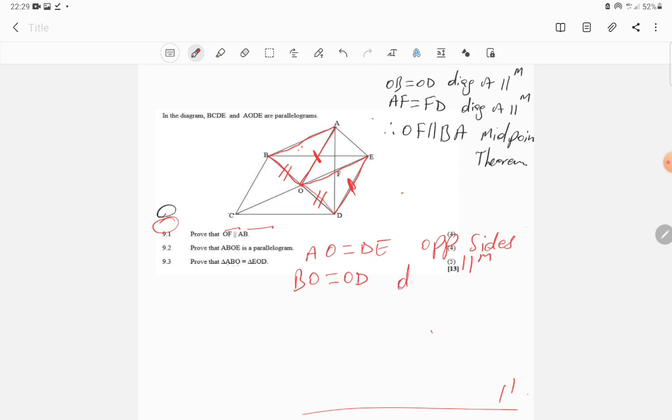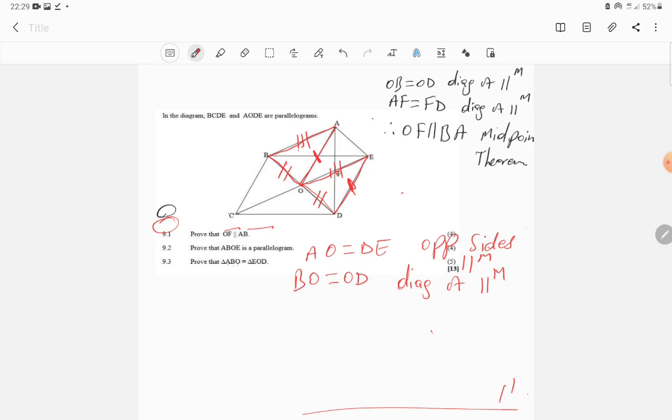Because these are diagonals of a parallelogram. We know that diagonals bisect each other, which means that that's what makes this piece equal to this other piece. Now moving forward, we are having this other side in the other triangle and in this triangle.